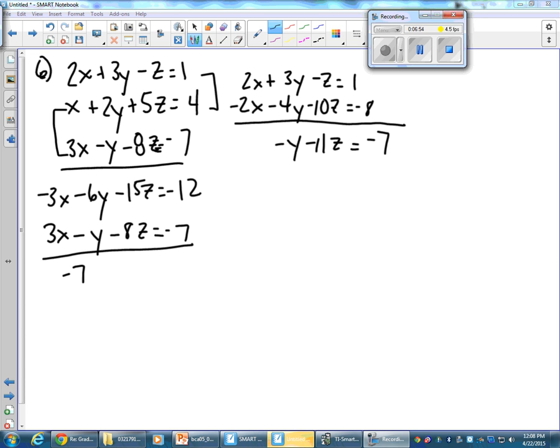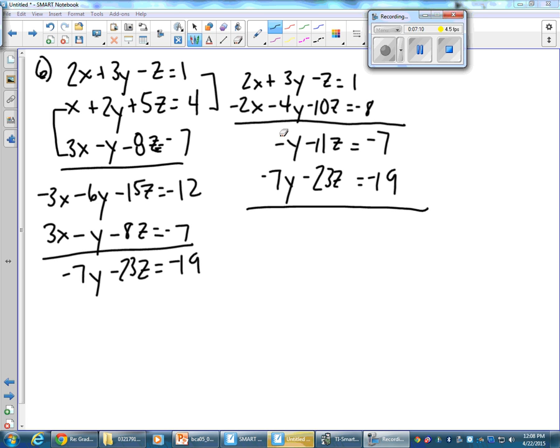I get -7y minus 23z equals -19. I'm going to write it underneath the other two variable equation that I found by adding the first two together. Okay, so now I have to decide, do I want to eliminate the y's, where I have a -1 and -7, or do I want to eliminate the z's, where my coefficients are -11 and -23?